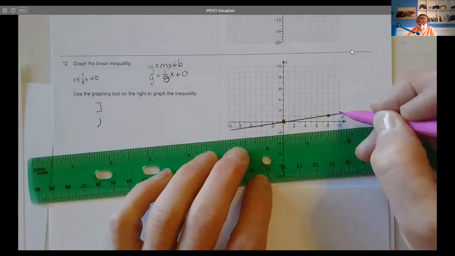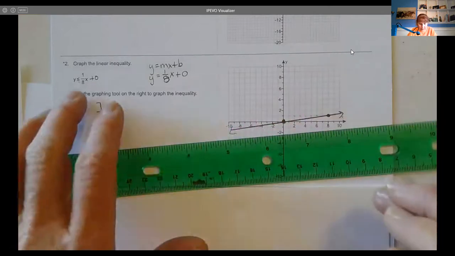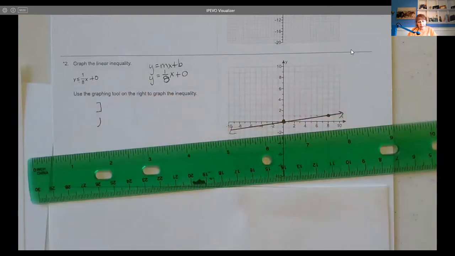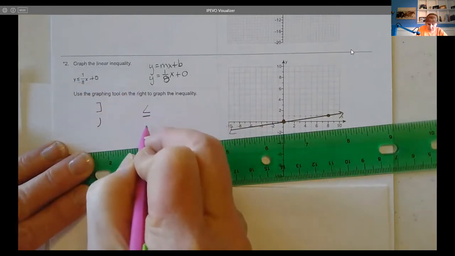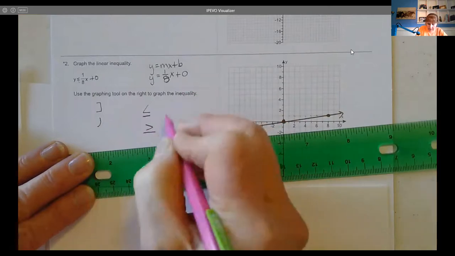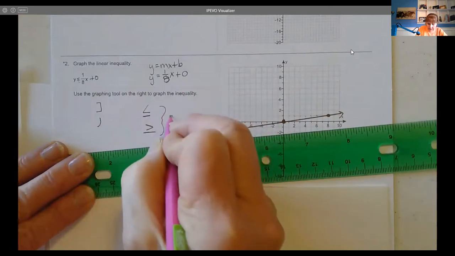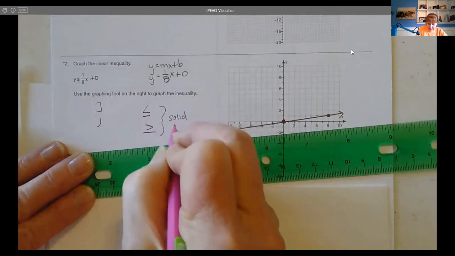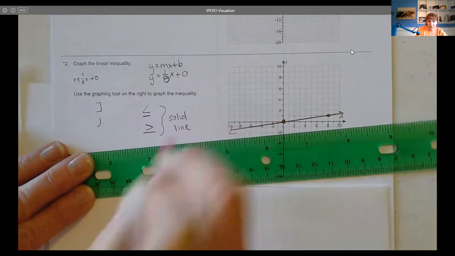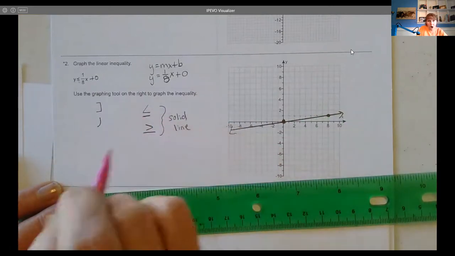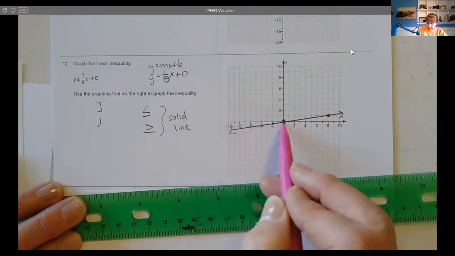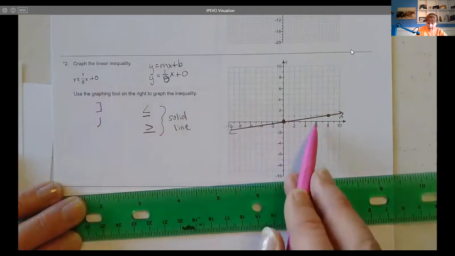So it really looks no different than if it were an equal sign. If you have a less than or equal to or a greater than or equal to, these will have a solid line connecting your 2 dots, which means the solution can fall on the line itself. You can find solutions to that inequality on the line.